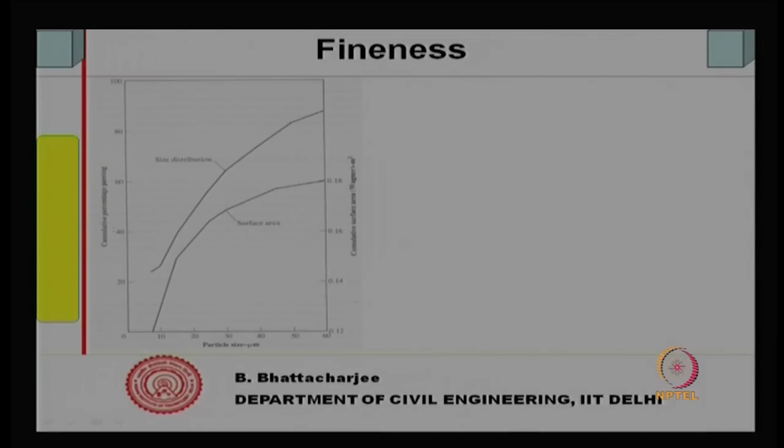You see the cumulative percentage passing fraction, this is the sieve size maybe in microns, and this is specific surface by a particular method called the Wagner method. So, if you look at the size distribution, surface area has a relationship with size distribution. If I can find out the specific surface or surface area, I can find out the size distribution correspondingly. So, it is related.